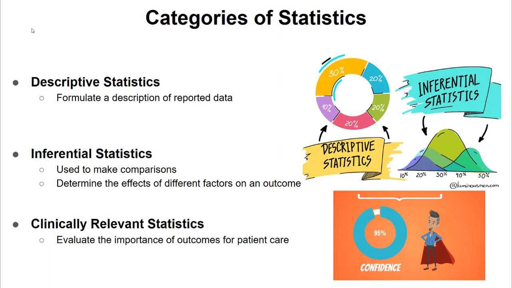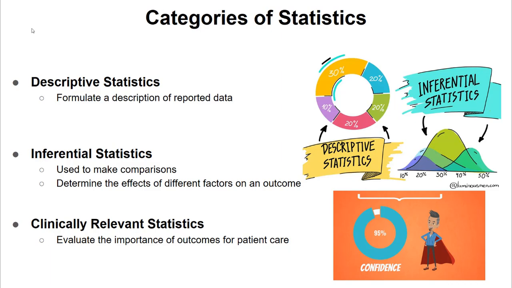The next kind of statistical category that we're going to talk about in this class is inferential statistics. And inferential statistics are essentially trying to figure out if things are different. Are they the same, or are they different?